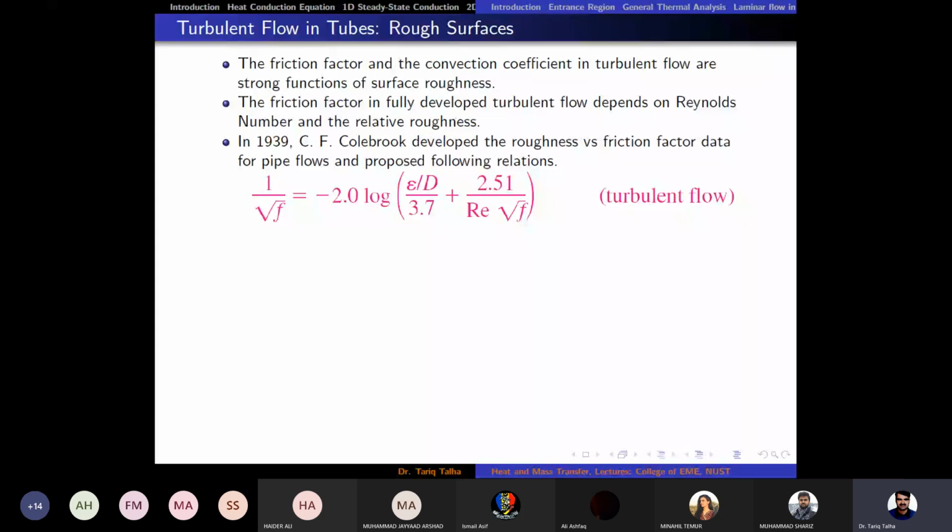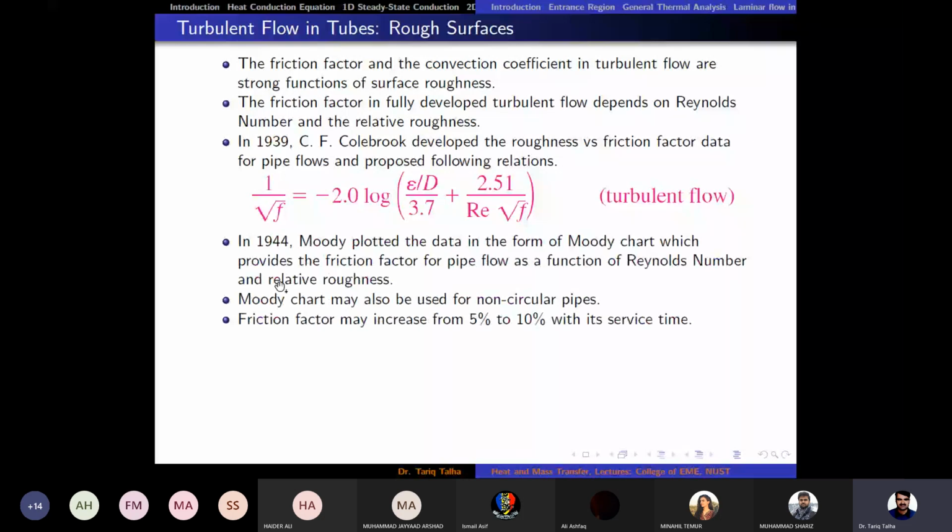So a scientist named Moody came up with the Moody chart in 1944. Basically, what he did was show the calculation of f from this formula on a graph, which is also available in your fluid mechanics books.